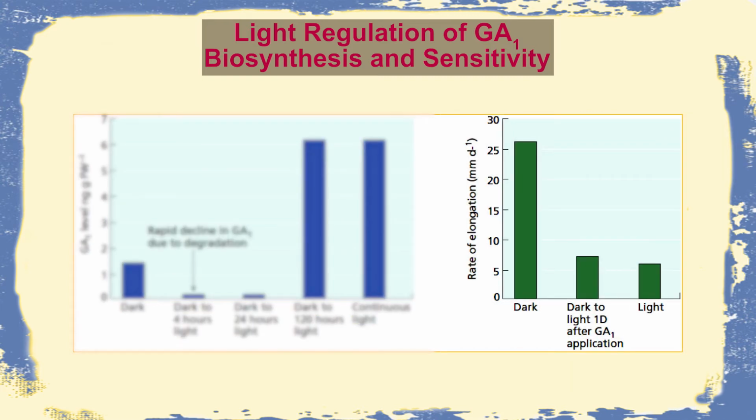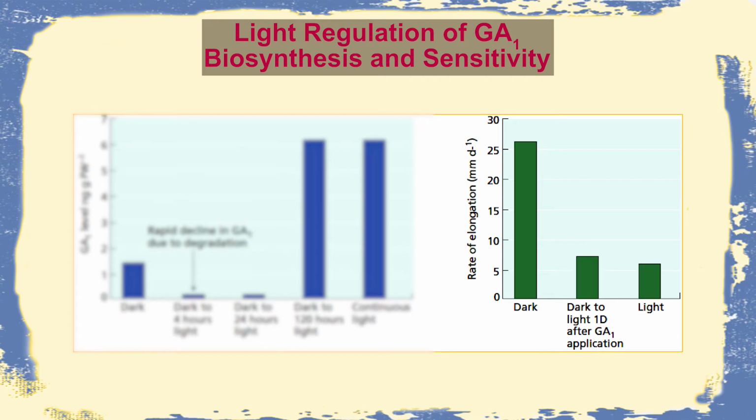The right panel shows the effect of exogenous gibberellin on dwarf gibberellin deficient plants either in dark or in light. Here we see that the rate of elongation in dark is quite high in presence of gibberellin. When this is shifted to light, then there is a significant decline in the rate of elongation.